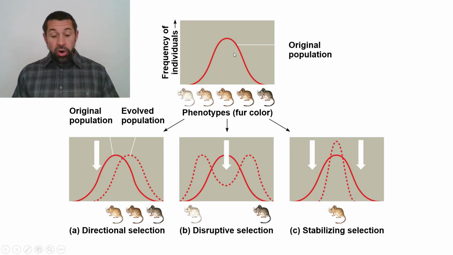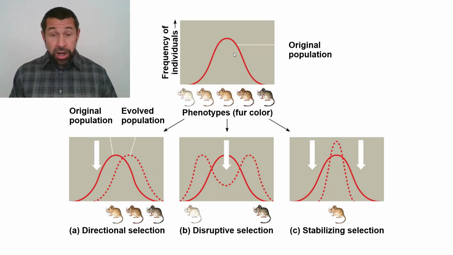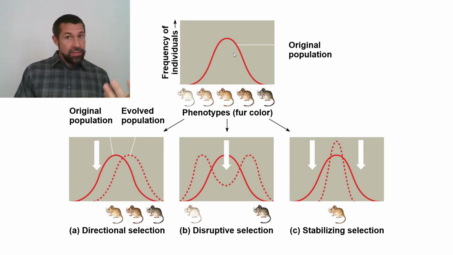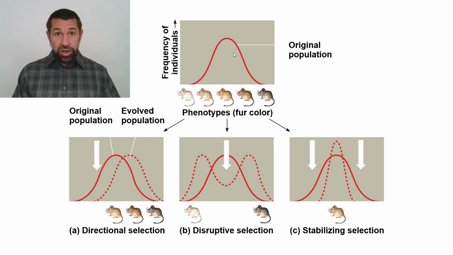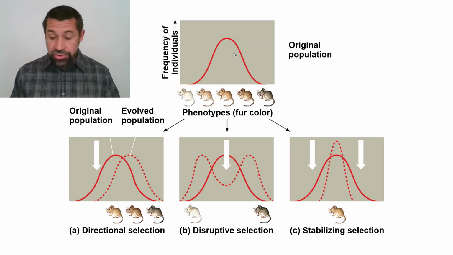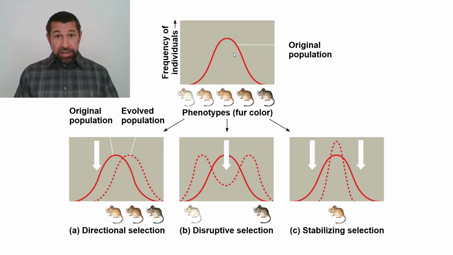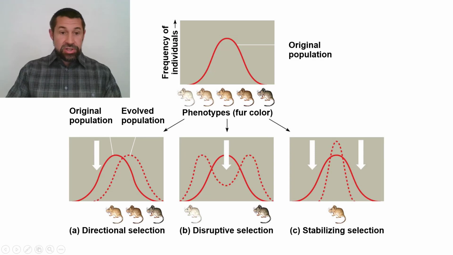Okay, so recall the Valley of Fire in that rock pocket mouse activity. We had these dark lava substrates, right, created 1,000 years ago. And we had selection against lighter phenotypes. So what happened is the distribution of the original mouse population, illustrated here with the solid red line, is shifting now in one direction.